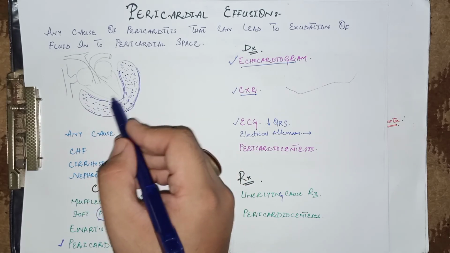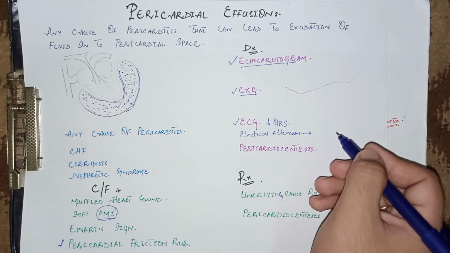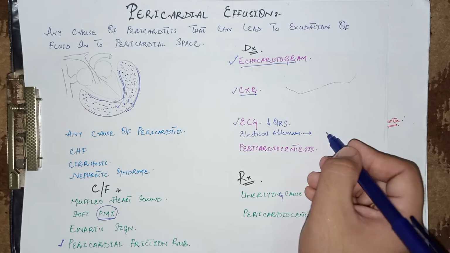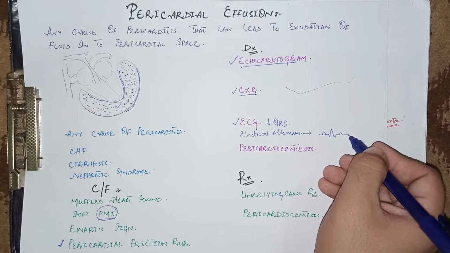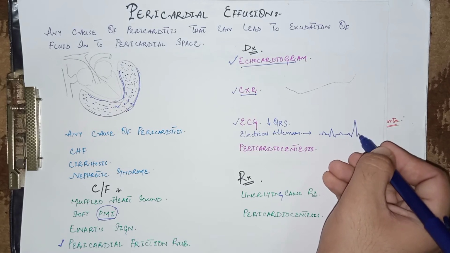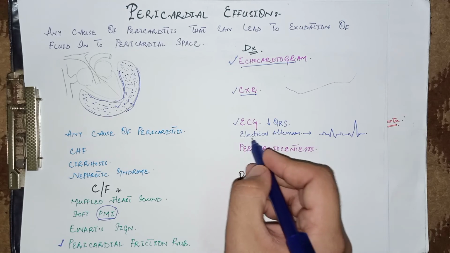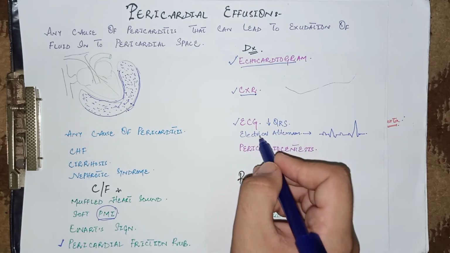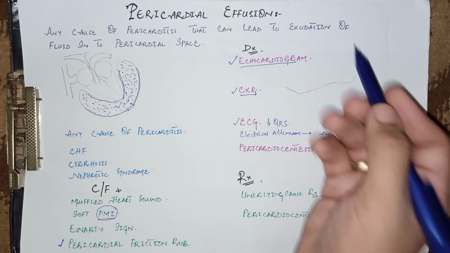So due to this to and fro motion, there is electrical alternans, which means that some QRS complexes are of low voltage like this, and the next QRS complexes are of high voltage. So there is a difference in the QRS complex voltages. This is called electrical alternans. It is prominent in very high volume pericardial effusions.